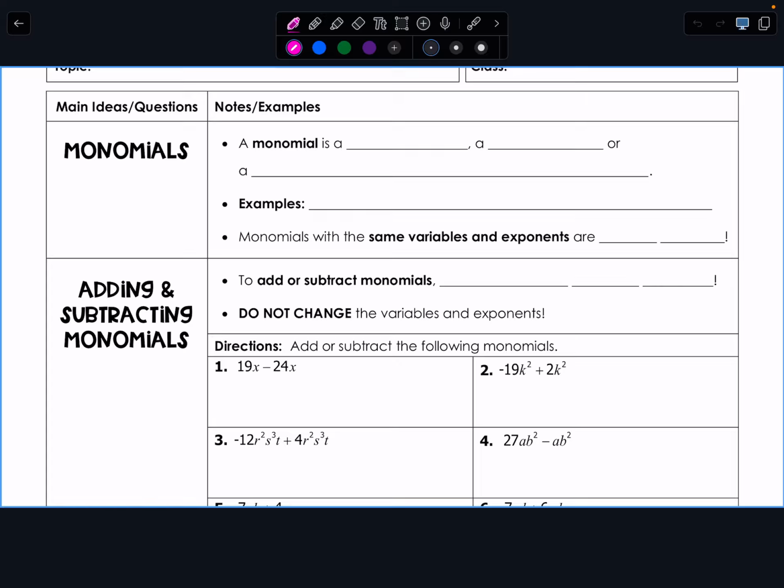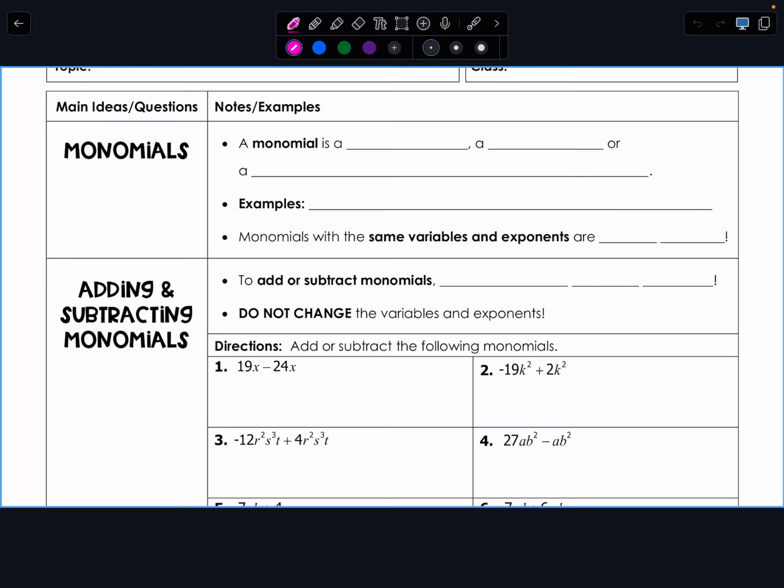Okay, so I'm not going to ever sit there and ask you to define stuff. That's not me. Typically I don't like directions that are definition heavy.